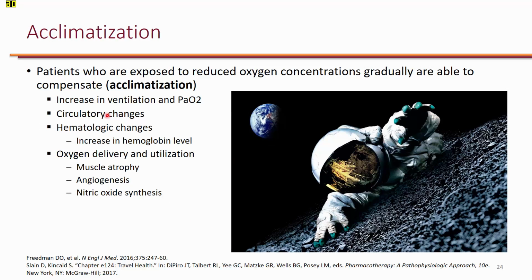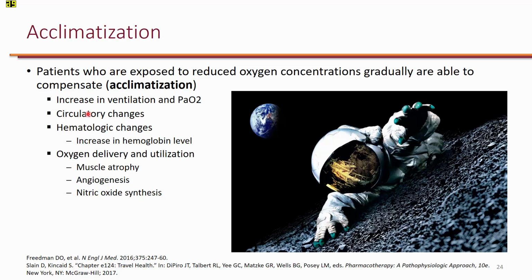Now, patients who are exposed to reduced oxygen concentration gradually are able to compensate, and this process is referred to as acclimatization. Through acclimatization, there is an increase in ventilation and PaO2.